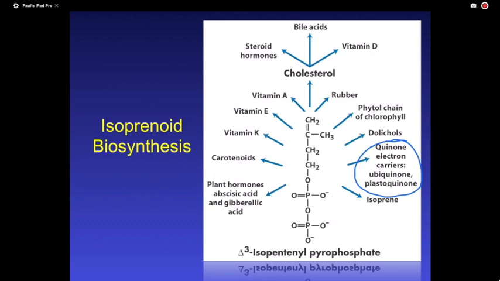We can also see that this is used in plants quite often, where we have chlorophyll, rubber, all the vitamins that are derived, vitamin D, the beta carotene, and so a lot of structures that we use are based upon this particular key intermediate.